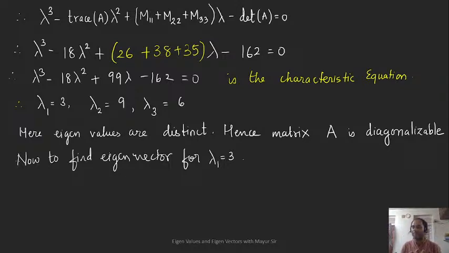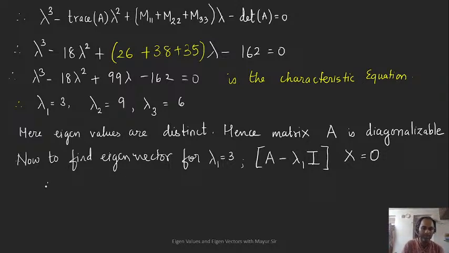In order to find the eigenvector for lambda 1, we will use this equation: A minus lambda 1 I, into capital X equal to 0. This 0 is a zero vector, okay?